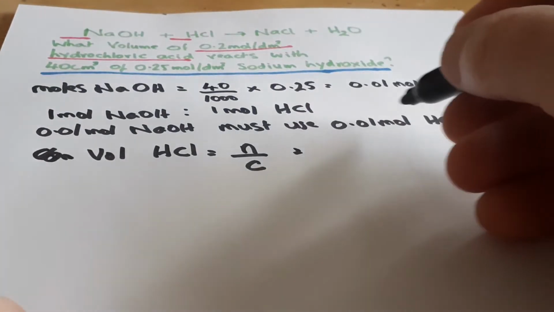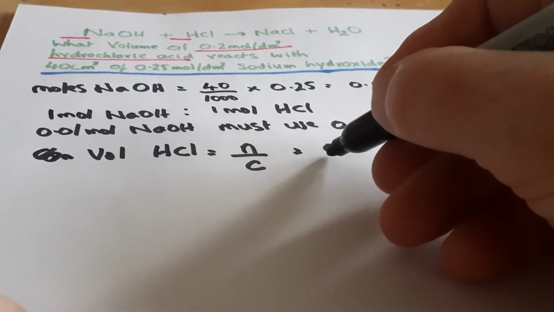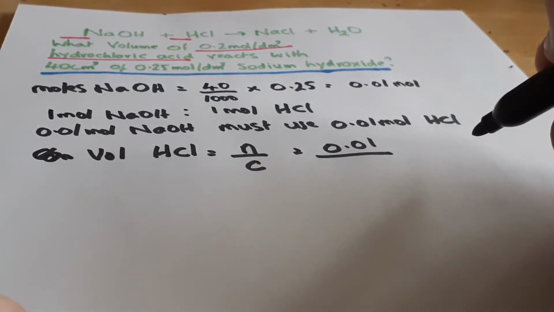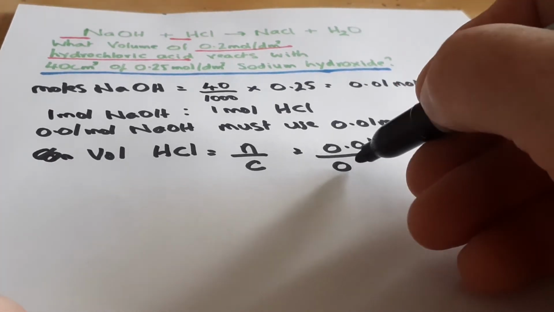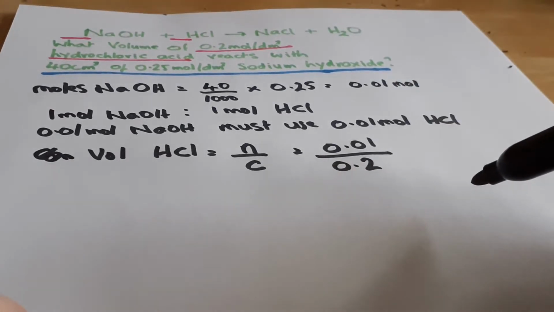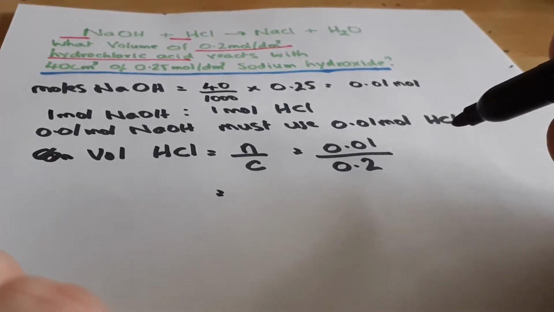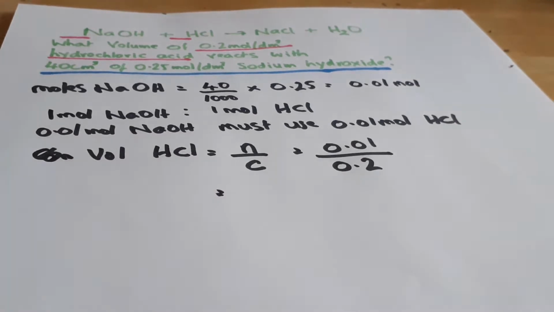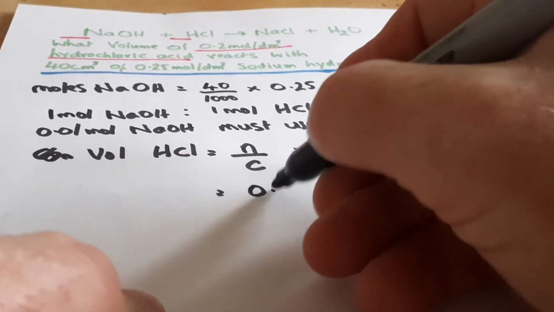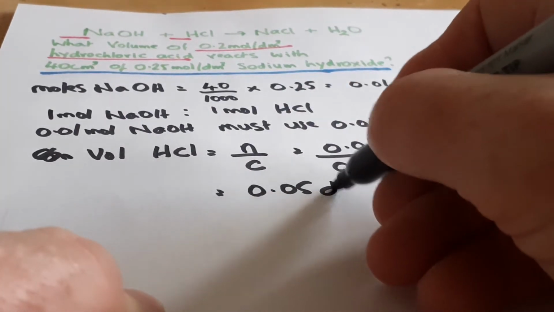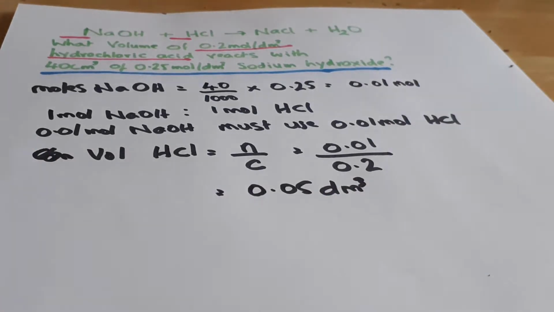The number of moles is 0.01 and the concentration is 0.2. So when we divide that out, 0.01 divided by 0.2, that will equal 0.05 decimeter cube.